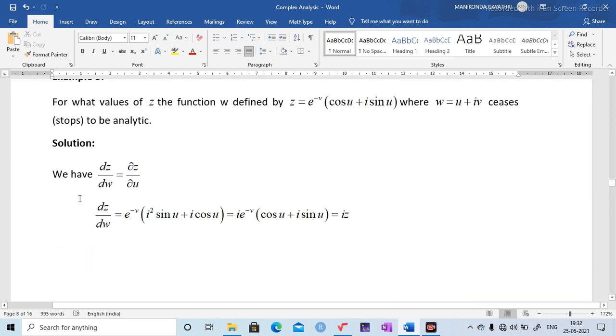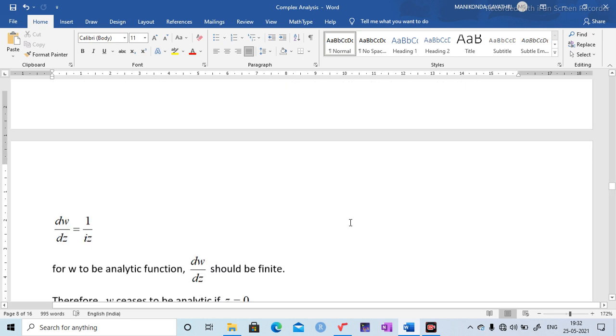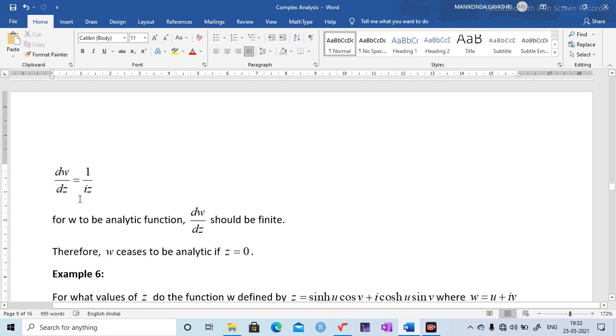But here I find dz by dw, and I need dw by dz. So reciprocate this one: 1 by iz. For w to be an analytic function, dw by dz should be finite. That means w is an analytic function whenever dw by dz is finite.